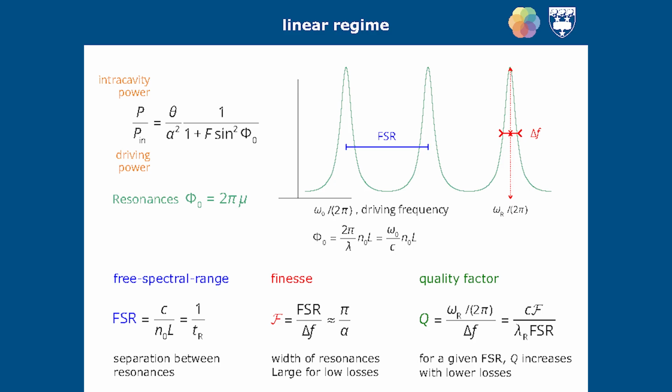I like the finesse better in terms of nonlinear effects because it's basically the intracavity power when you get this confinement. The intracavity power at the resonance is essentially the finesse times the driving power to within some factor. So you can see that the finesse really tells you how much the power is enhanced in the resonator. And also the finesse has the advantage that it only depends on the loss and on nothing else.